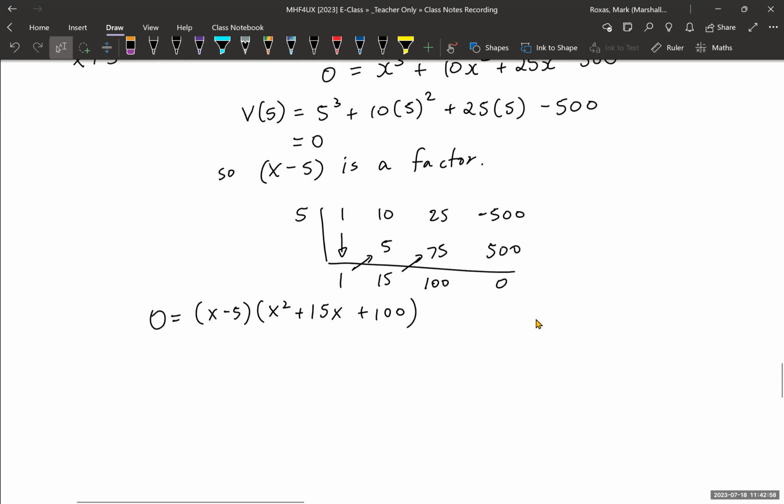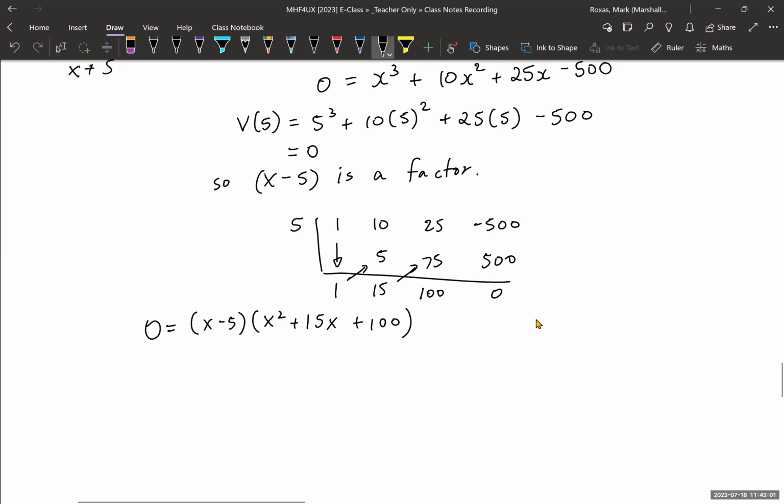Okay, so once you're at this point, you have one solution from x minus 5, which is x equals 5, if you set the whole equation equal to 0. But is there a solution from this quadratic?